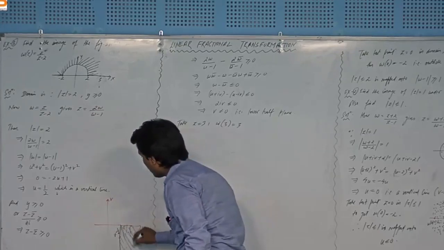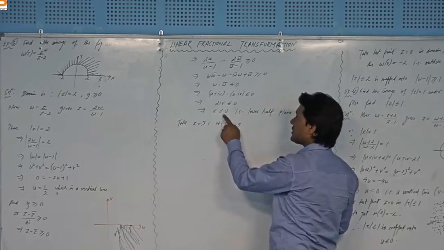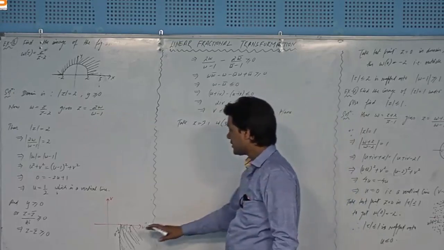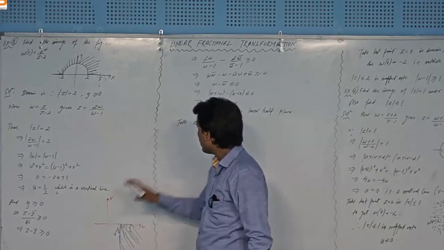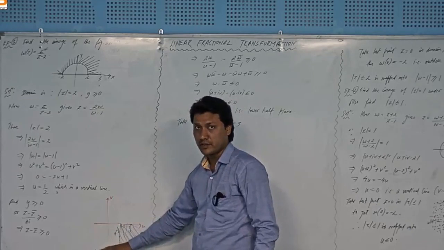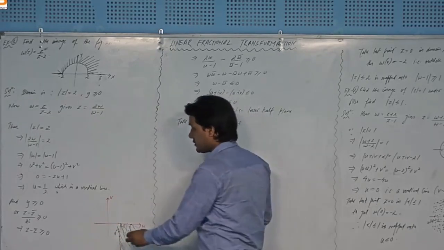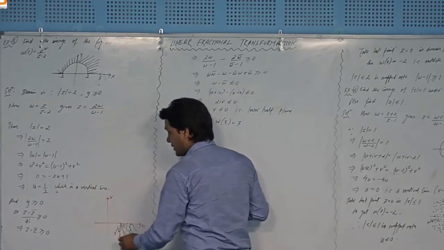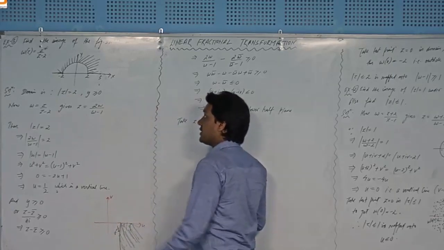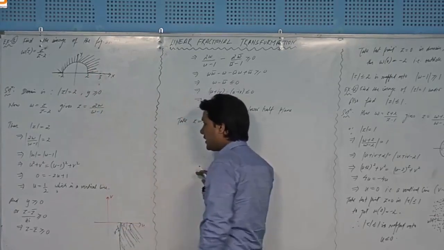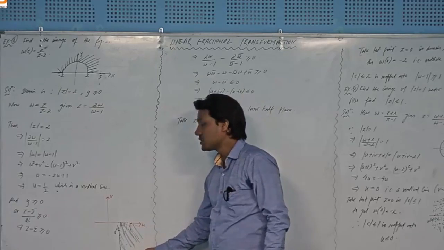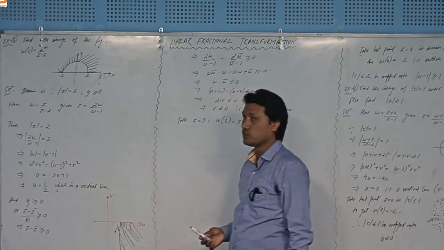And why this portion? Because from here you are getting that v is less than or equal to 0, or it is obvious that v is less than or equal to 0 is for the lower half plane, right? So a possibility is also there that you will shade this part also, but if you take the test point, it clearly indicates that the right hand side of this line should be shaded, and that is a very important point, right?